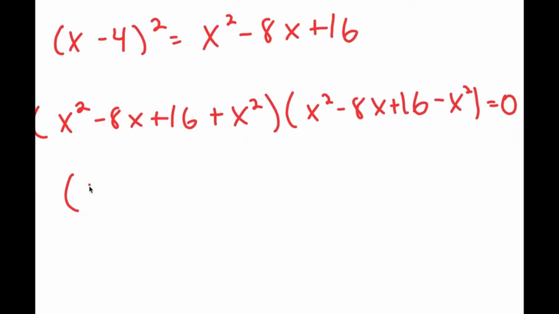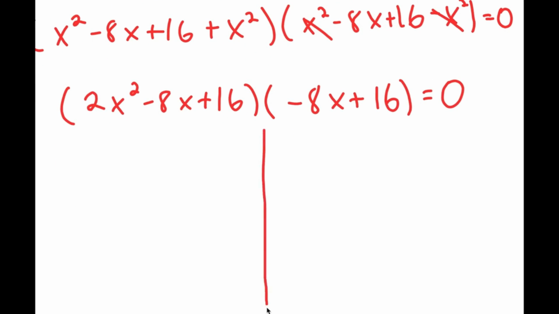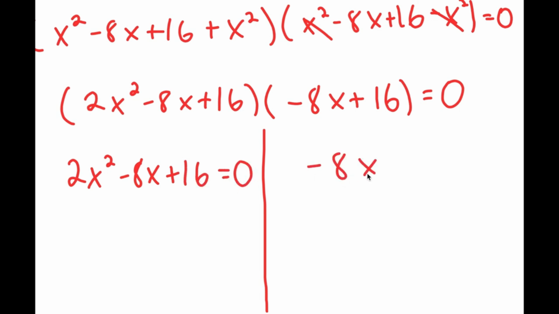Now x squared plus x squared is 2x squared. So I get 2x squared minus 8x plus 16 times, these two cancel out, negative 8x plus 16 is equal to 0. And now I get two equations. 2x squared minus 8x plus 16 is equal to 0, and negative 8x plus 16 is equal to 0.